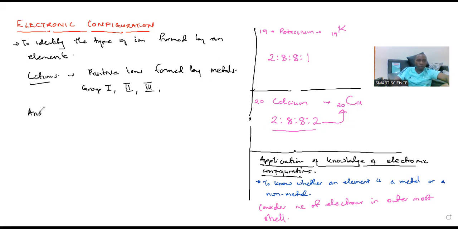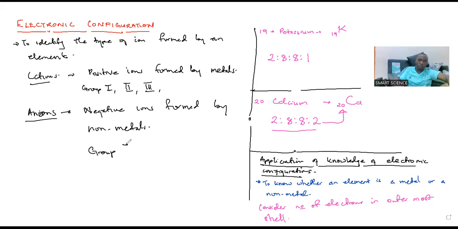Then there are those which we are calling anions, which are the negative ions. Negative ions are formed by non-metals. So we are going to find them in group 4, group 5, group 6, and group 7.